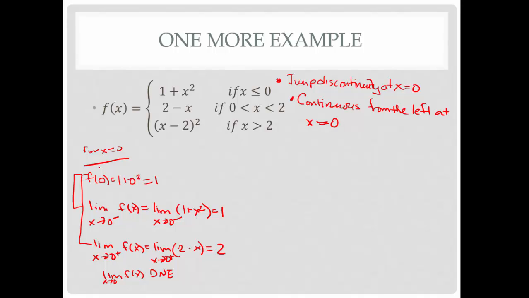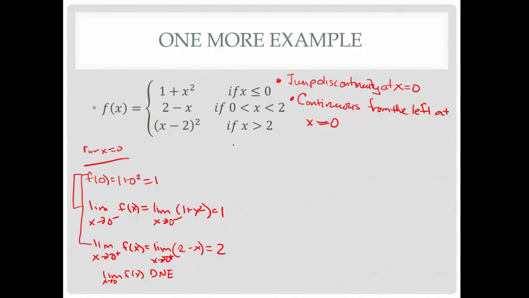Think about it for a second. The answer should be no. If this is continuous from both the left and the right, it's continuous overall, which means you don't have a discontinuity at 0. So once we identified that it was continuous from the left at x equals 0, there was no way it was going to be continuous from the right as well.